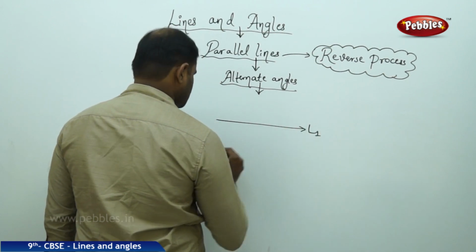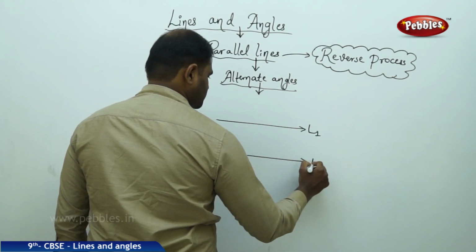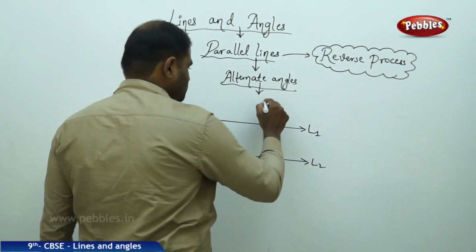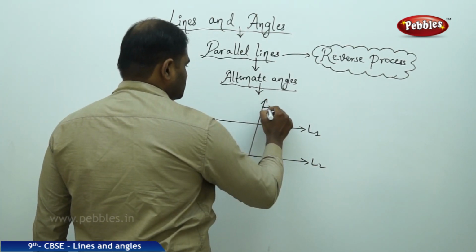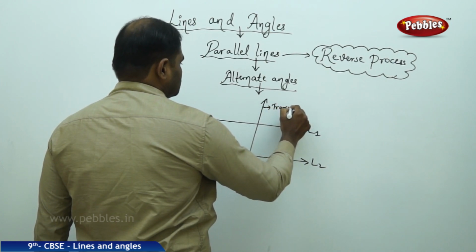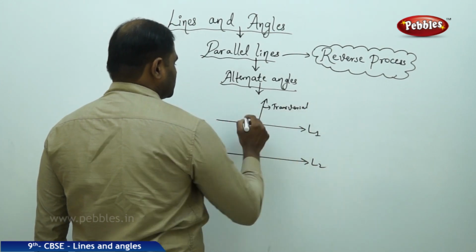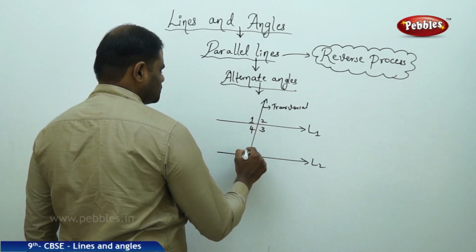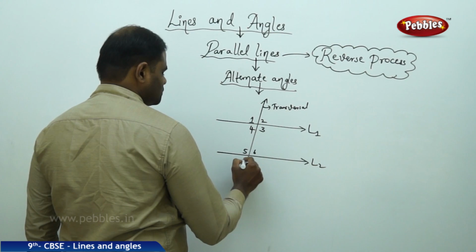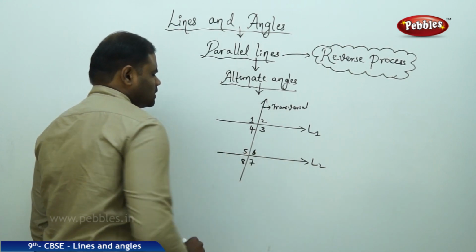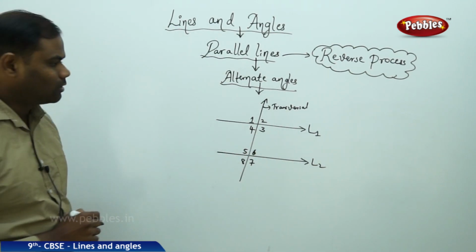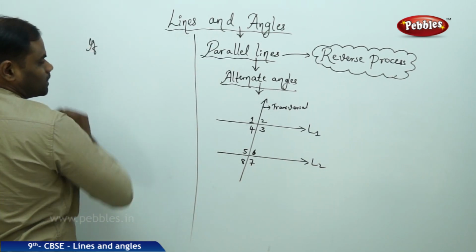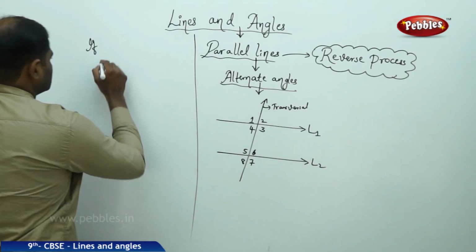The lines L1 and L2, which are not parallel, are divided by the transversal and have the angles out here. We know that the alternate angles are 4 and 6.